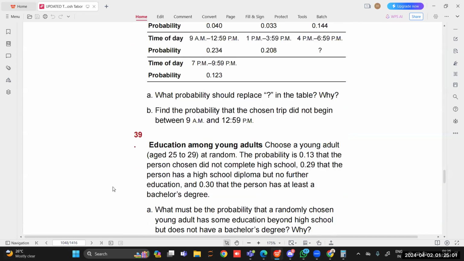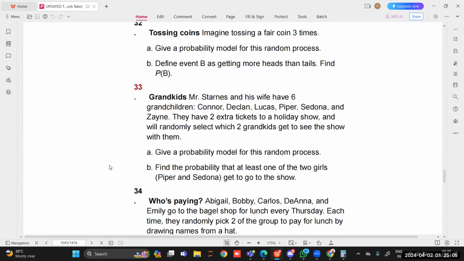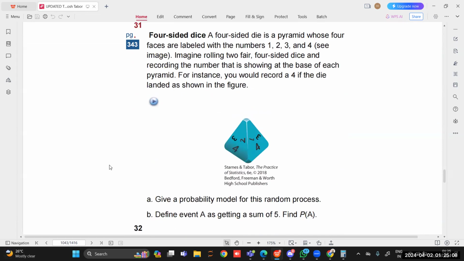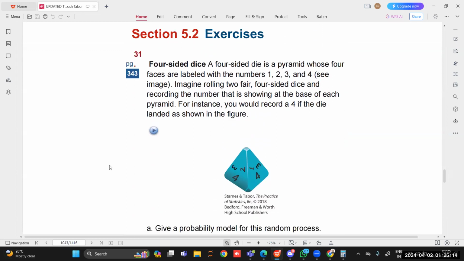Shall we do one example here, or you try that as well? Wait, I'll see something about an example. Come on, do the first one, 31st one. Okay.